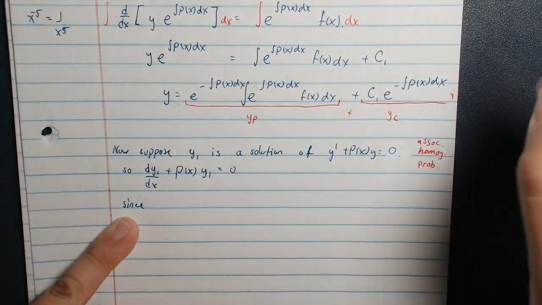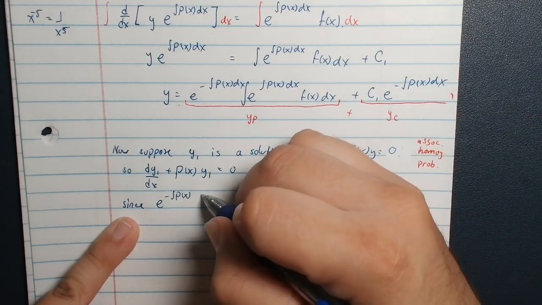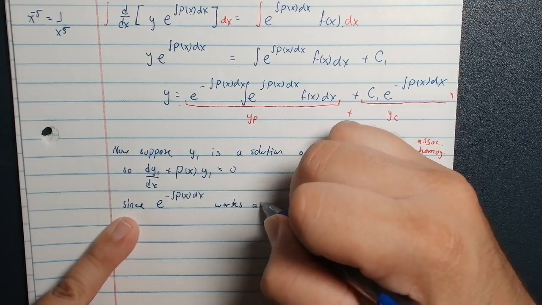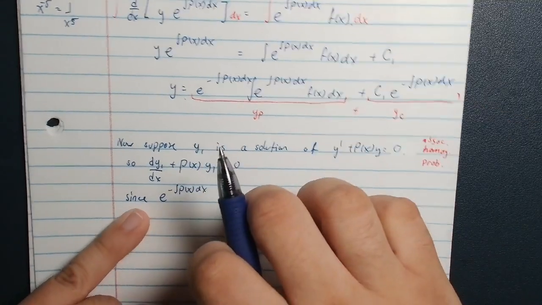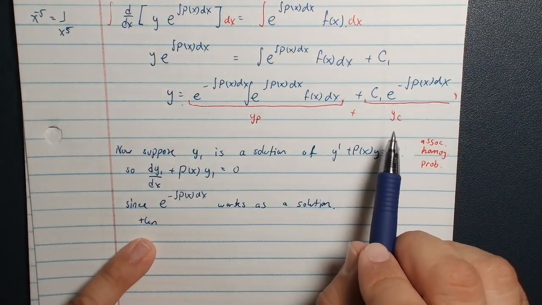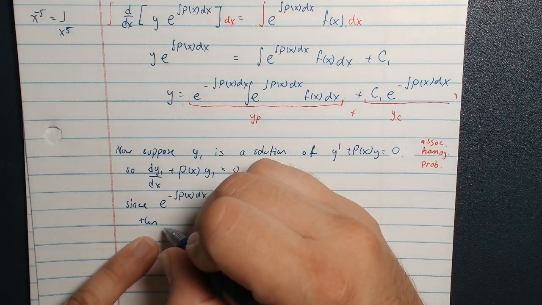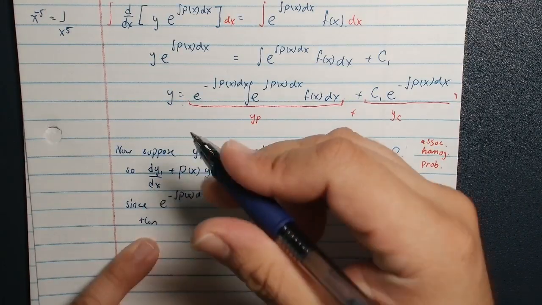Since e to the minus integral p(x) dx works as a solution, then our general solution is just this constant times our y1. Let's see, that would not be our general solution. That would be our complementary solution.